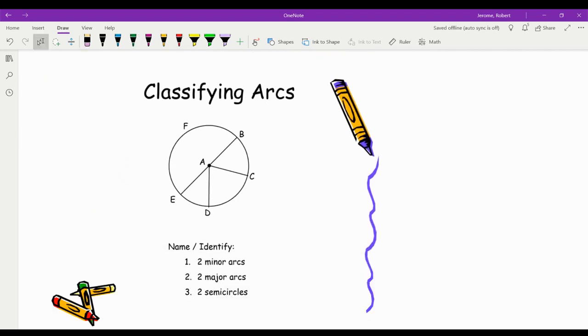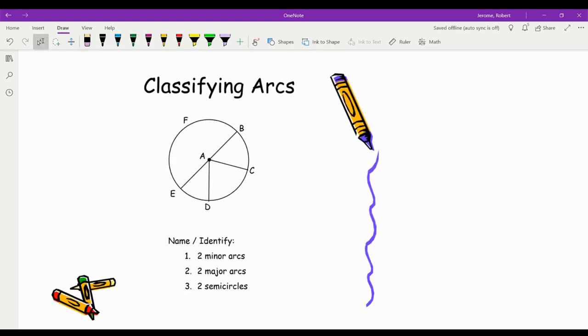So let's look at a couple quick examples here. We want to name a few arcs. So name 2 minor arcs. Well, think about that. Minor arc, less than halfway around. So for example, I could start at B and go to C, and I have minor arc BC. I could have started at B and went to D. That's fine.